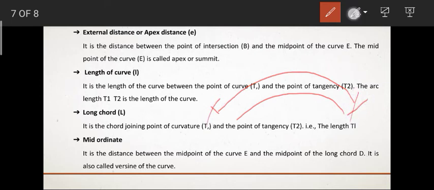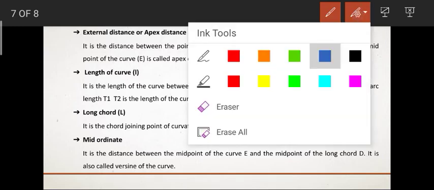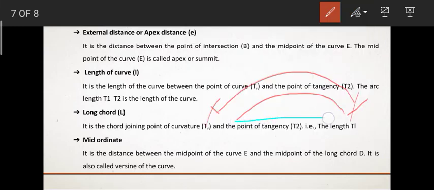What is long chord? This is your long chord, which goes from the point of curve to the point of tangency, right? So this distance is called the long chord. Mid ordinate is the distance between the summit or the apex of the curve to the long chord at the center.